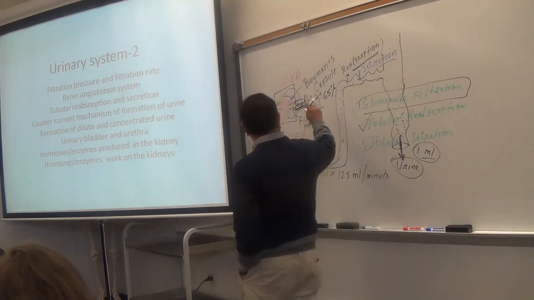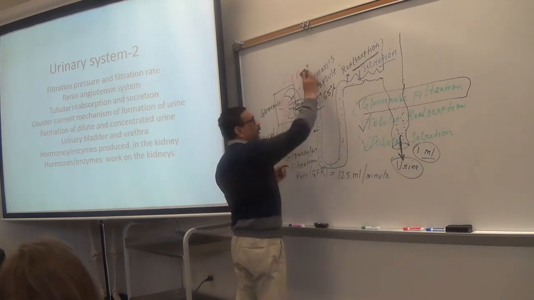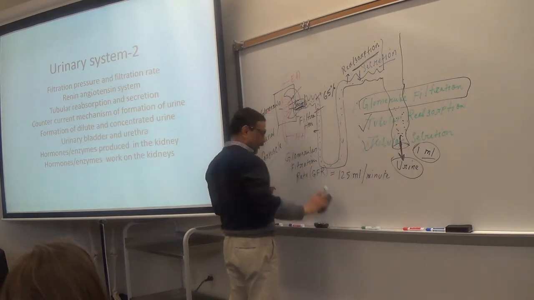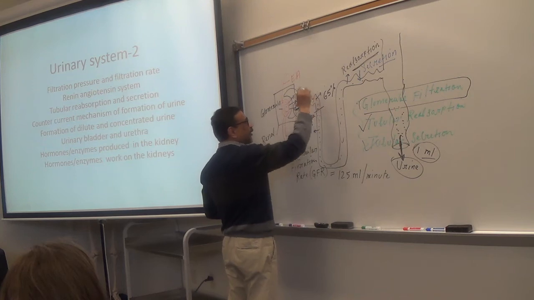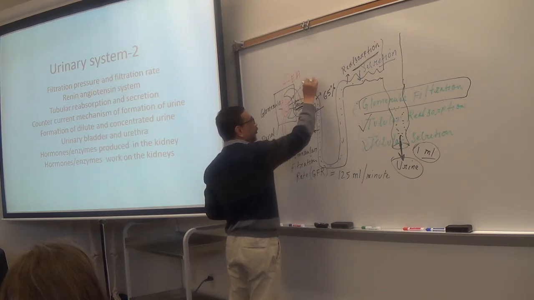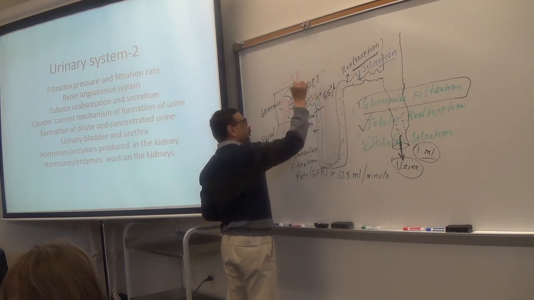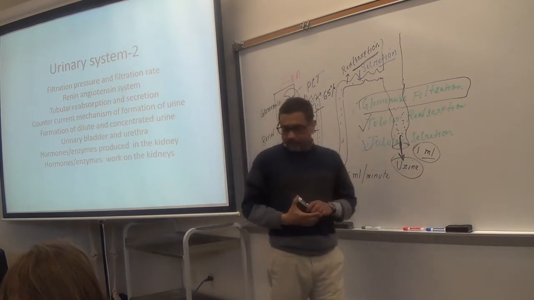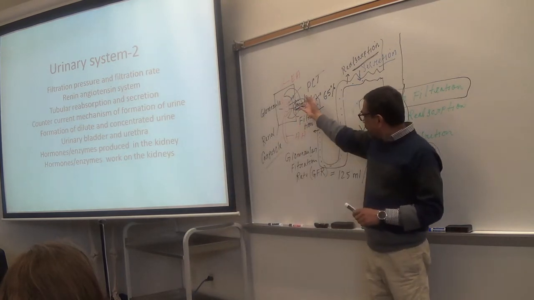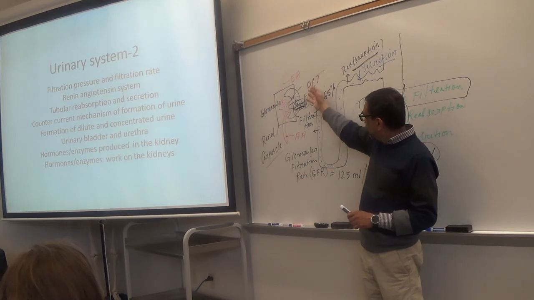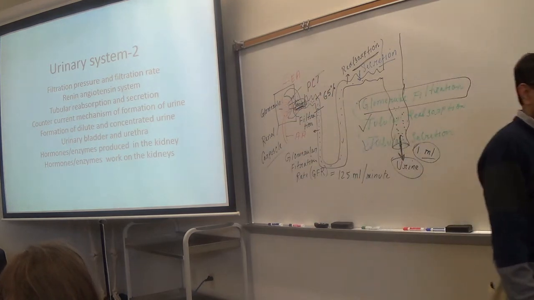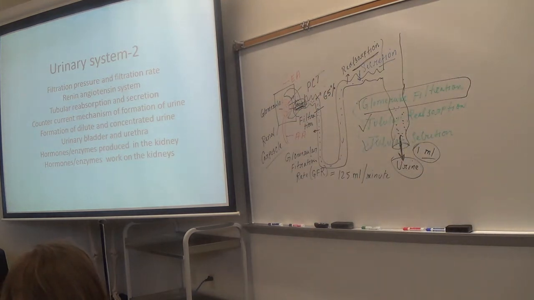This part is called, you already know, we have talked about different parts of the nephron, the proximal convoluted tubule. So a lot of fluid gets back into the body in this part.